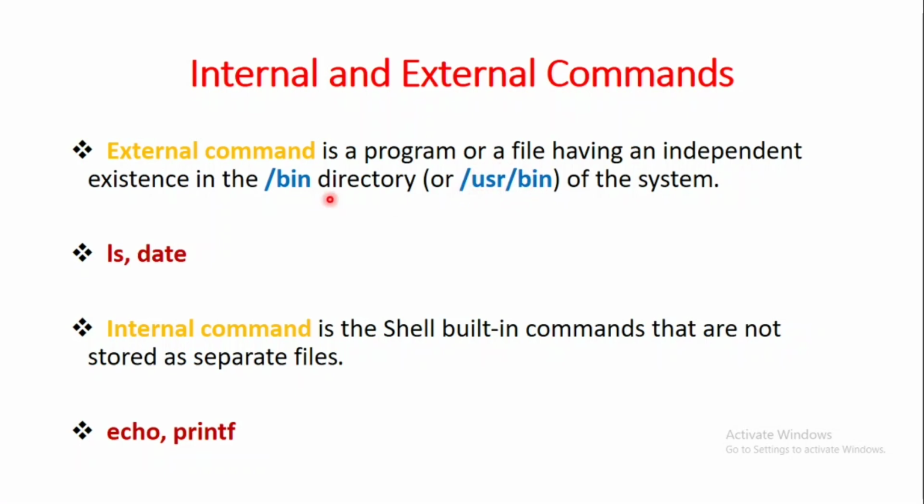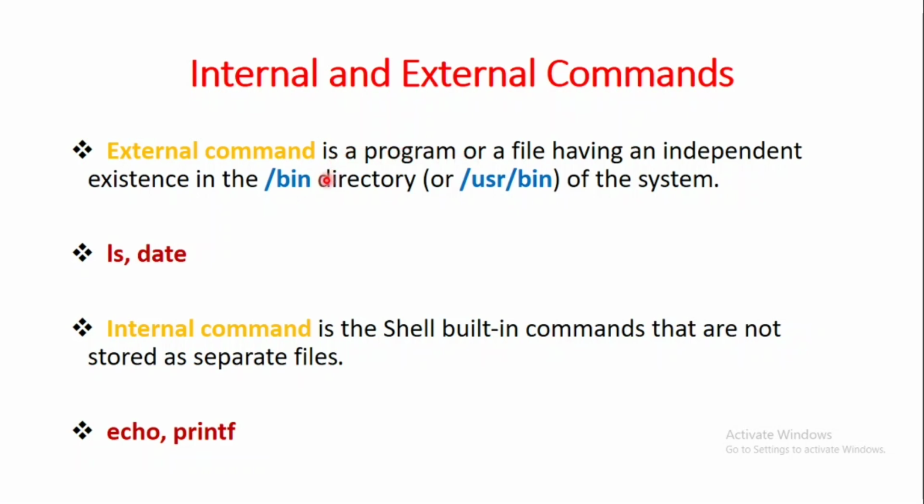Before explaining external commands, let me explain what exactly this representation is. There is one directory called the root directory. The first slash symbol represents the root directory, which is the parent of all the directories. Directory in the sense of folder. Under it there is a directory called bin, inside which you can find the existence of this command.